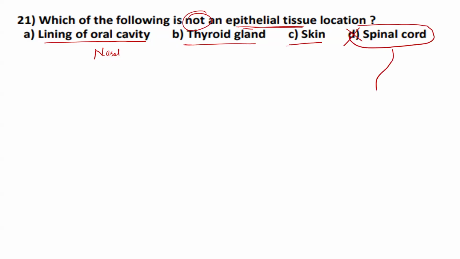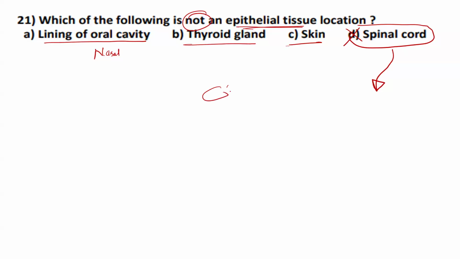Spinal cord, tell me what type of tissue is present in the spinal cord? Not skeleton tissue. Spinal cord is nervous tissue. Nerves, neurons. You all have confused the spinal cord and the vertebral column.